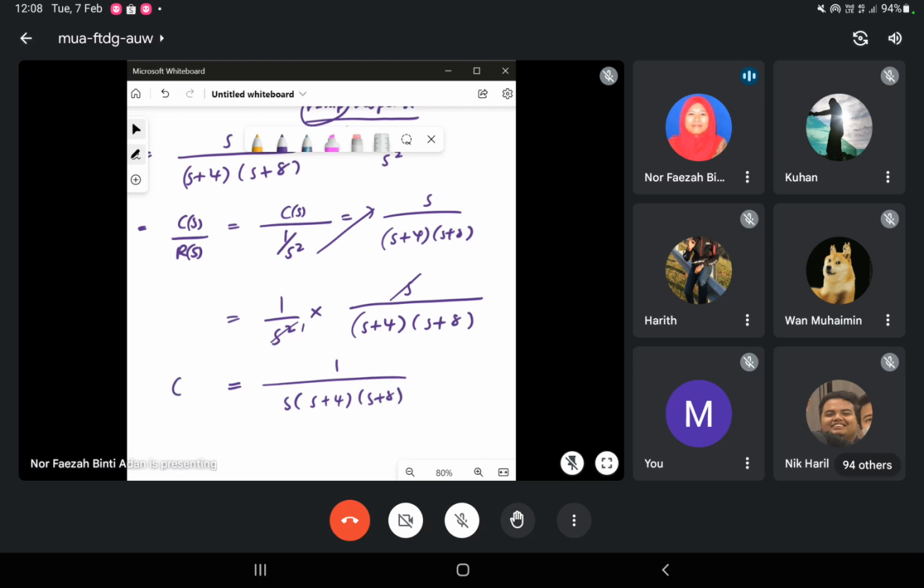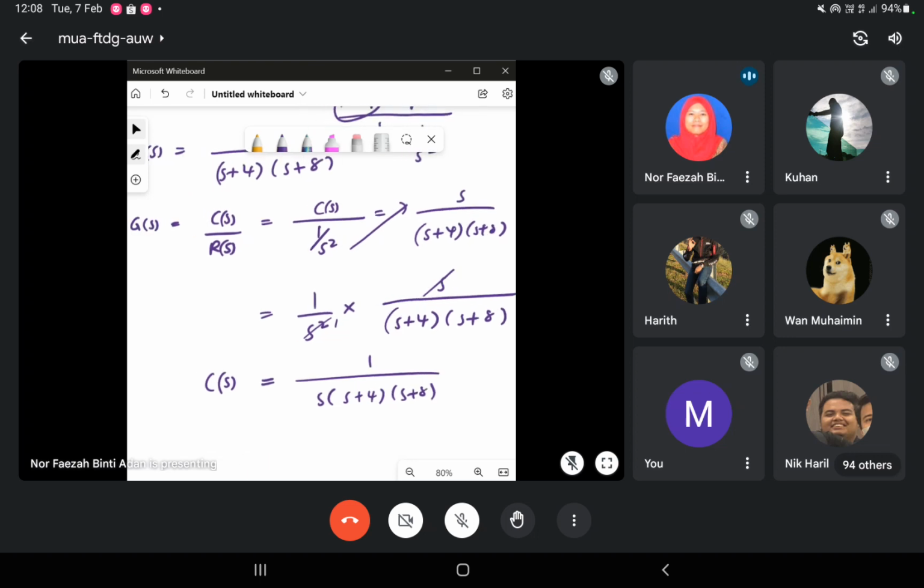So this is the equation for your CS. It's no longer GS tau sebab kita dah multiply GS and RS. Okay, so this is GS. The whole thing is GS. And ini pula adalah RS.